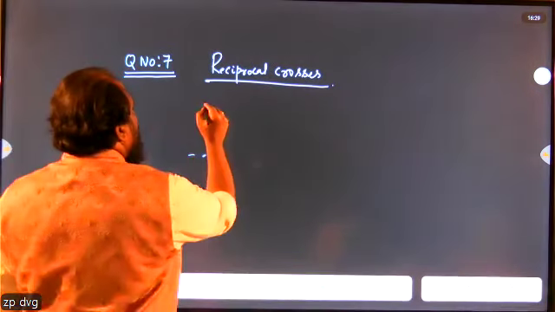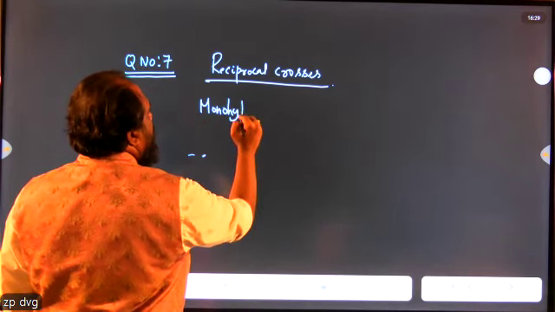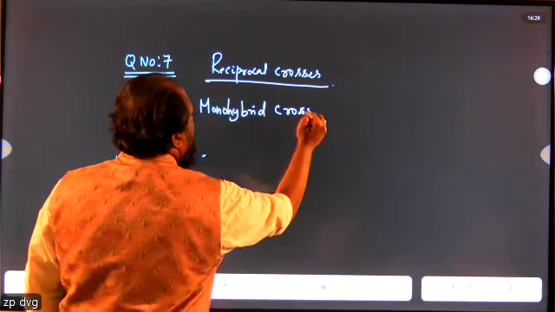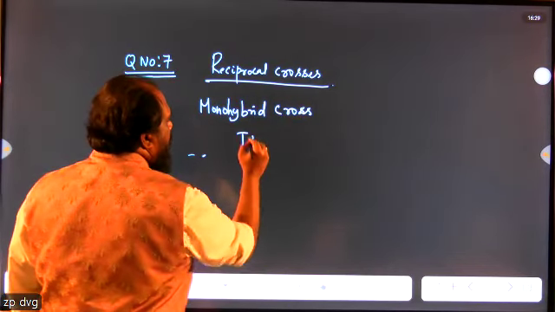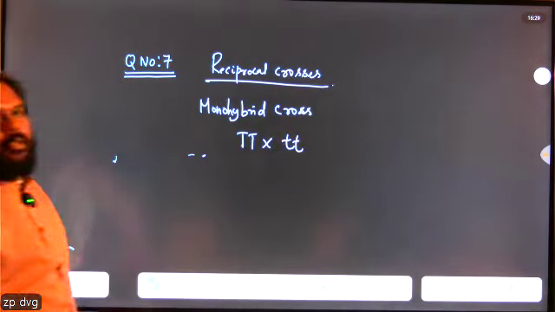Imagine we are doing a monohybrid cross. Hope you remember, we have taken a tall plant crossed with a short plant, or a dwarf.